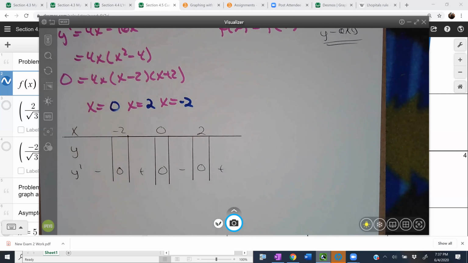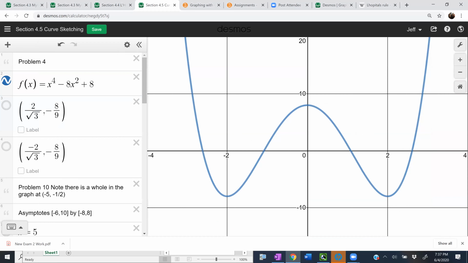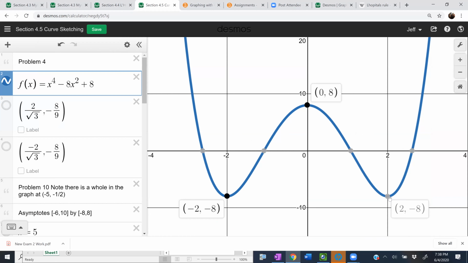Let's just double check it with the graph. Does that work? Yeah. So up until the point negative 2, the graph is decreasing. Between negative 2 and 0, the graph is increasing, then decreasing, and then increasing again. So yeah, 4 intervals.